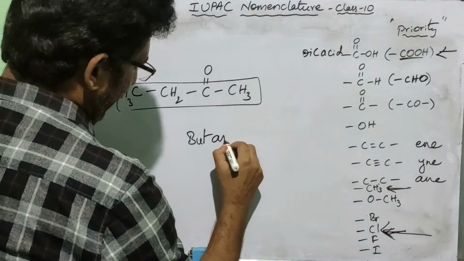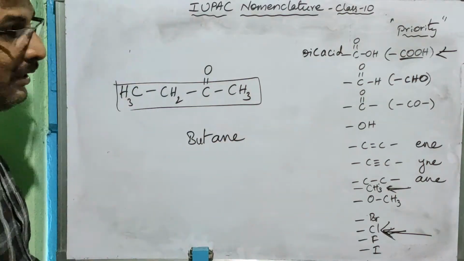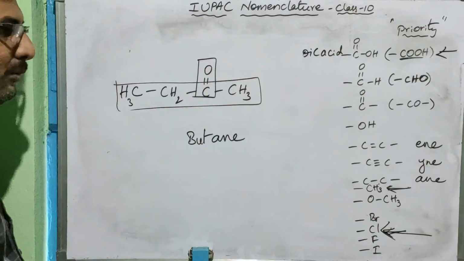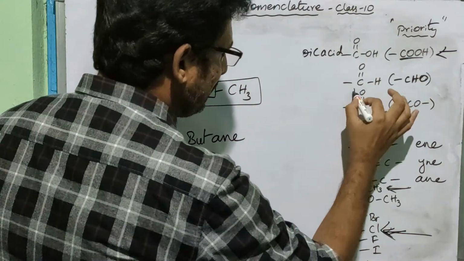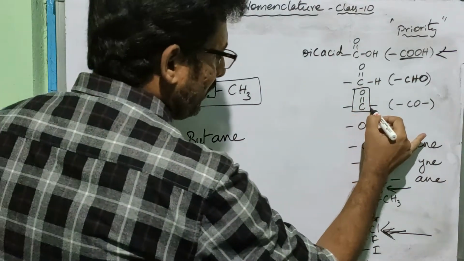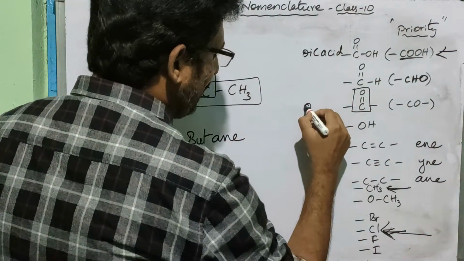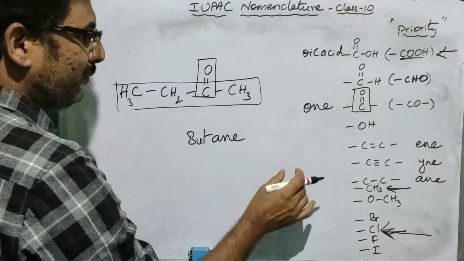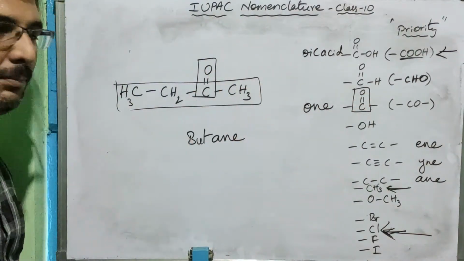So this will be butane. And you have this functional group, C double bond O. When this functional group comes, it is called the ketone group and the secondary suffix will be -one.